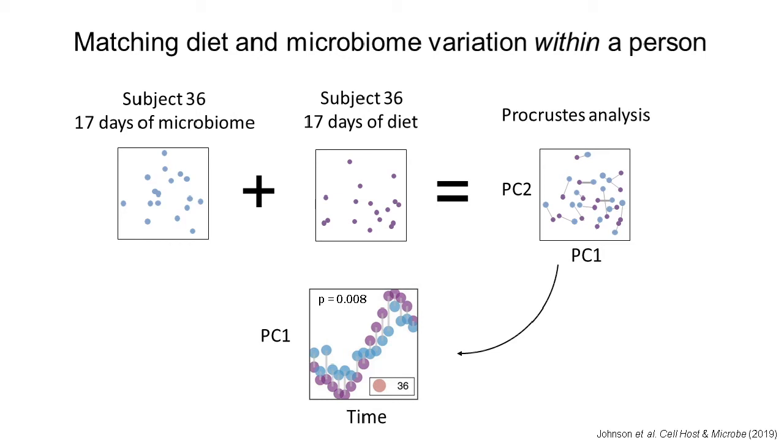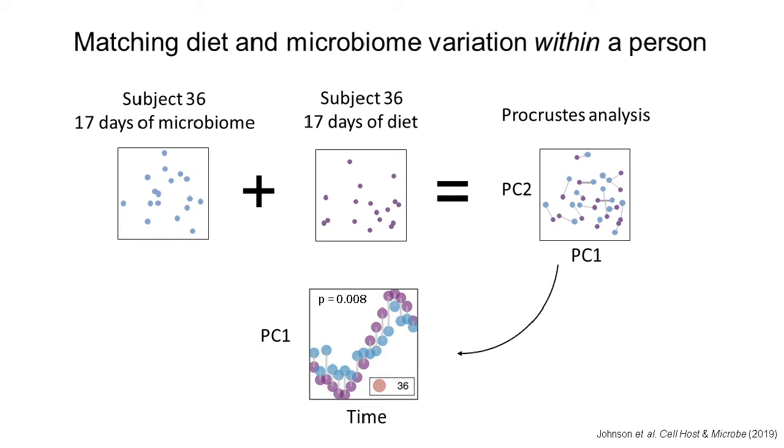And then when we get a result, we get a p-value. And because it's a time series, we thought it would be interesting to visualize it as I'm showing on the bottom of this slide. Basically, the first axis of this Procrustes analysis is plotted against time.